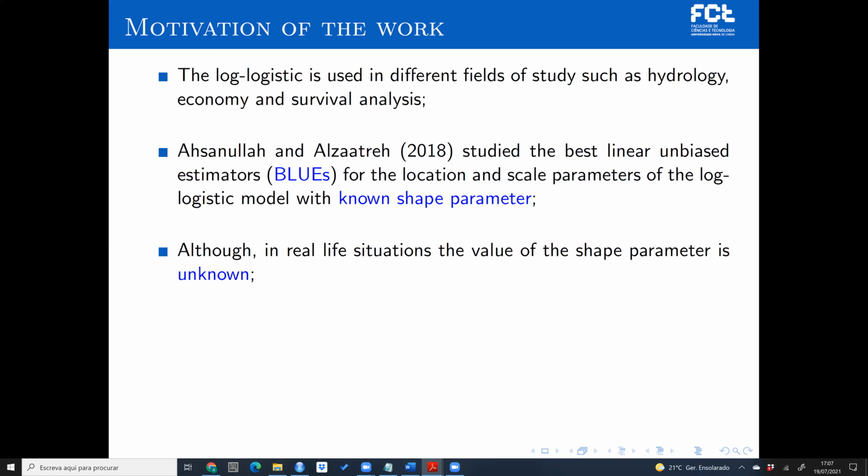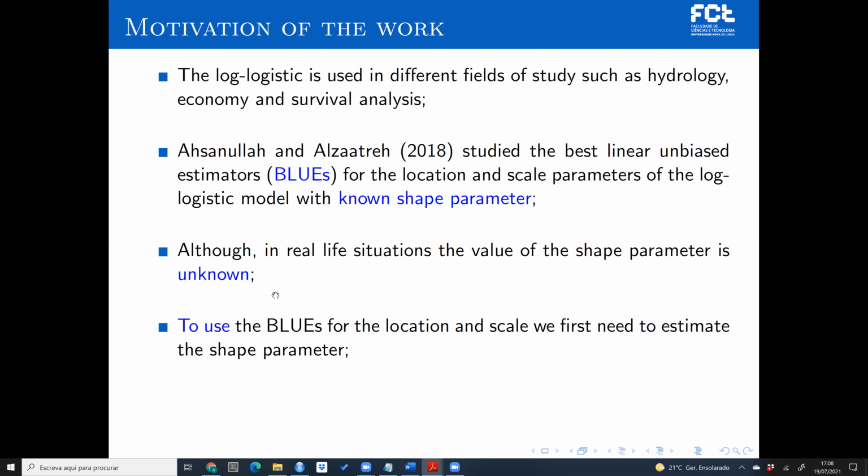Although in real life situations, the value of the shape parameter is unknown, so we must estimate it. So to use the best linear and Bayes estimators for the location and scale, we first need to estimate the shape parameter.